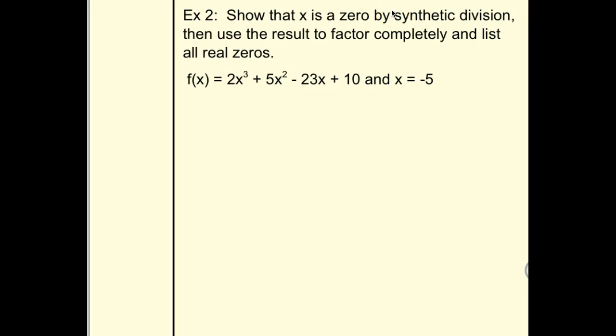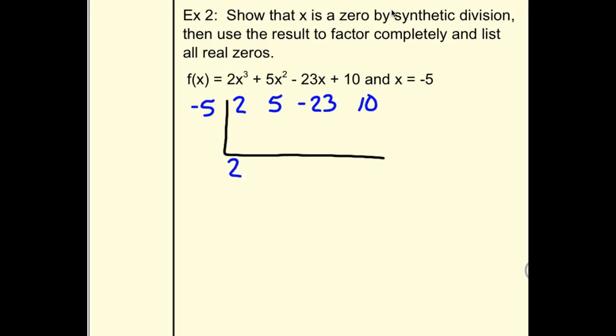We'll take a look at one more, very similar to the last one. We are given a 0 of the function, so we'll set up our synthetic division. The coefficient of x cubed, the coefficient of x squared, the coefficient of x, and our constant. And we are dividing by the negative 5. Again, x equals negative 5, so we do not make it opposite.